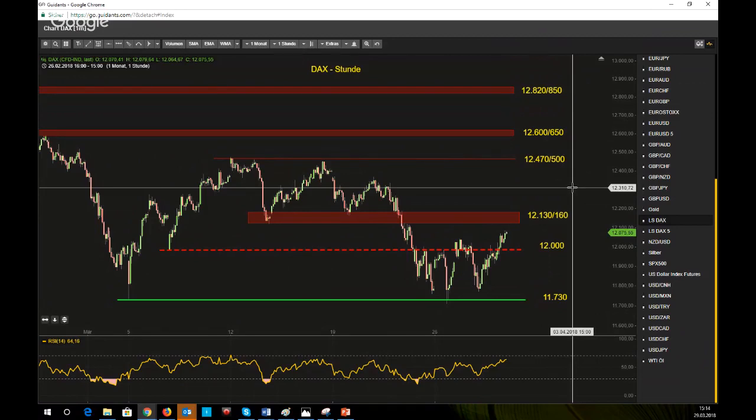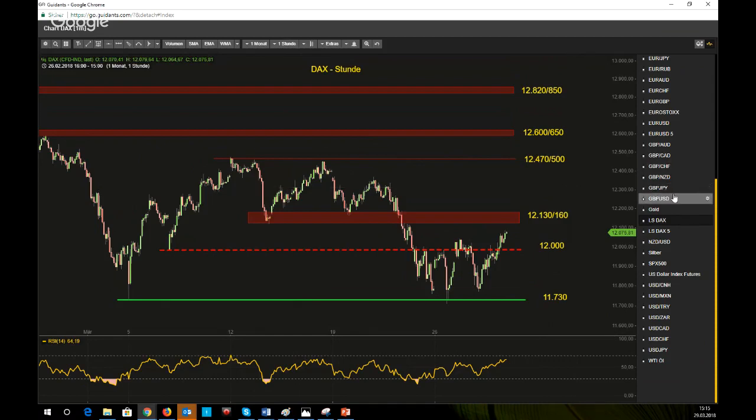So far the picture looks quite bright, and we have some good room on the upside up to 12,130, 12,160 points. At least, if we do not make it to this level and there's no real big pressure building in US equity markets, then we'll make it at minimum above 12,000 points out of the week and into the Easter weekend.